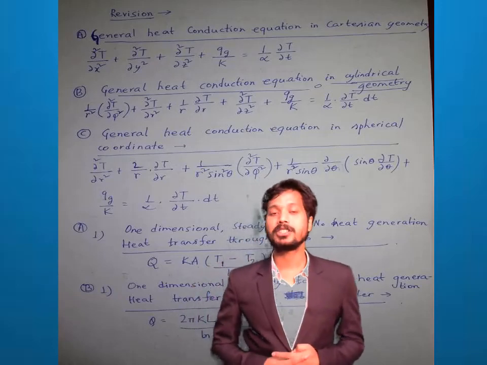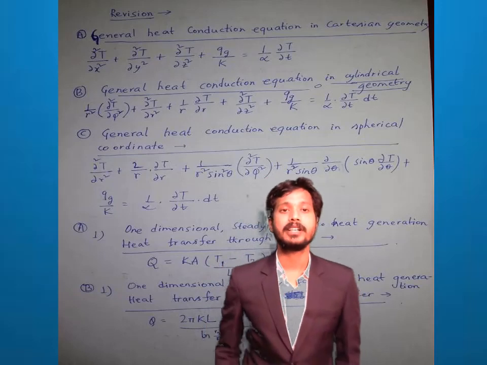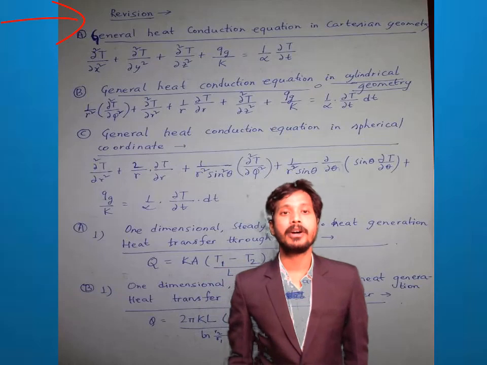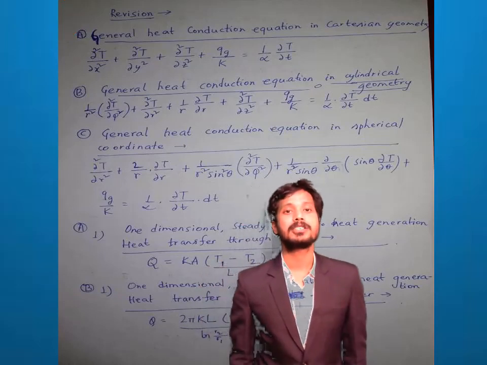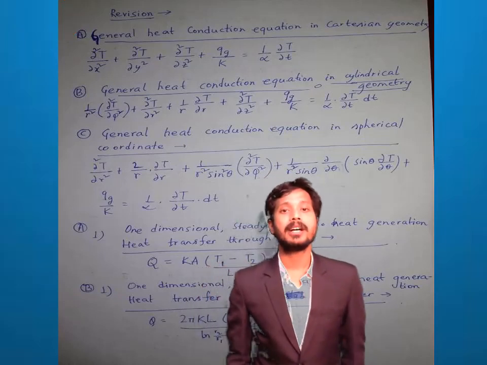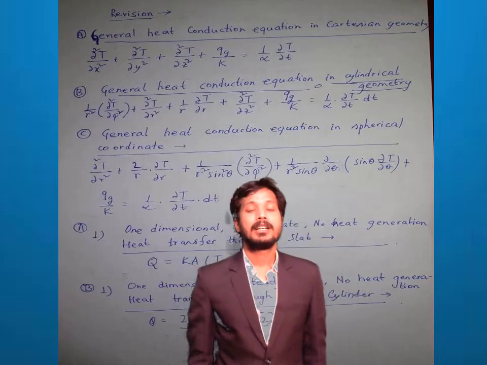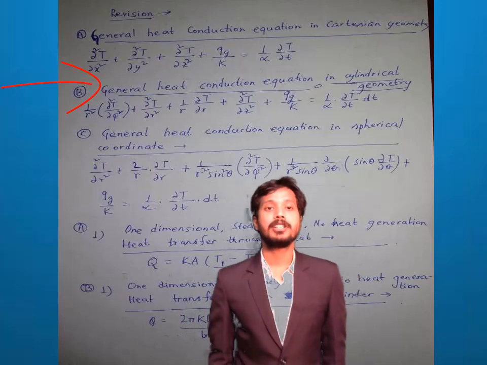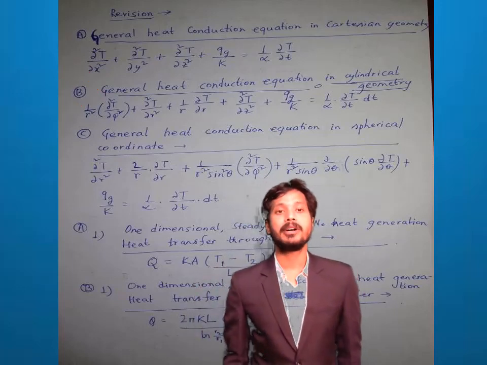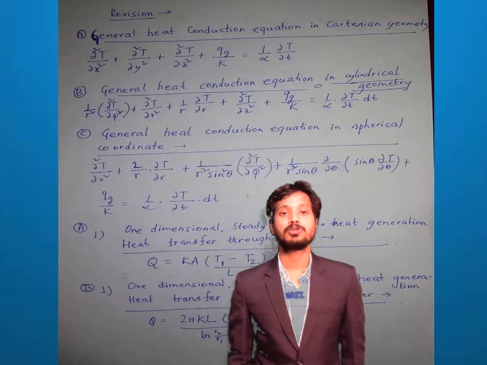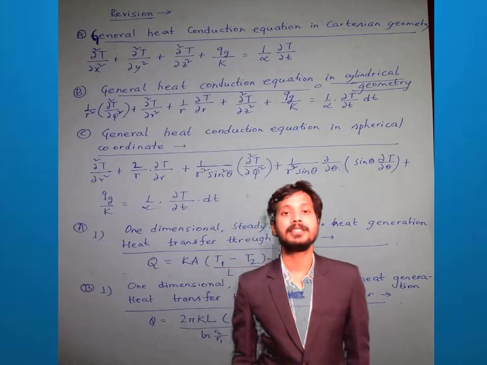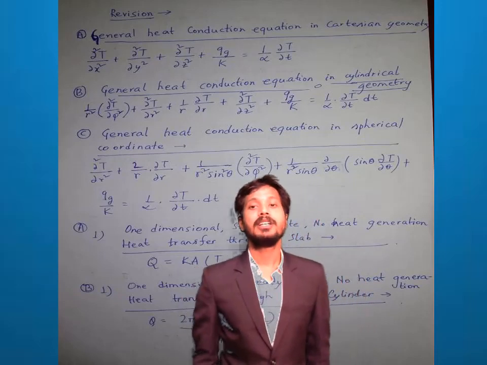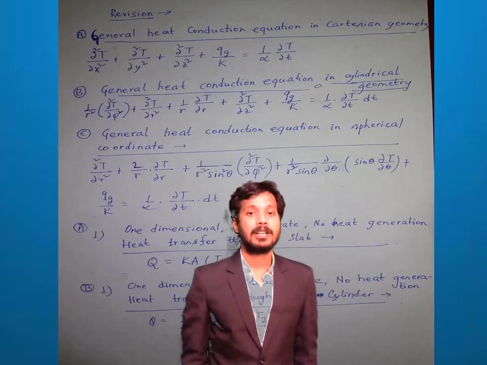General heat conduction equation in Cartesian coordinates: ∂²T/∂x² + ∂²T/∂y² + ∂²T/∂z² + qg/k = (1/α)(∂T/∂t). General heat conduction equation in cylindrical geometry: (1/r²)(∂²T/∂φ²) + ∂²T/∂r² + (1/r)(∂T/∂r) + ∂²T/∂z² + qg/k = (1/α)(∂T/∂t).